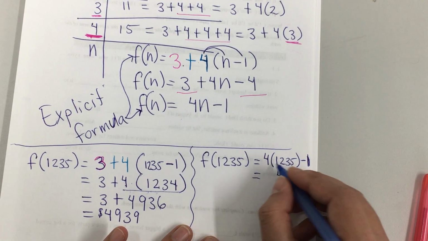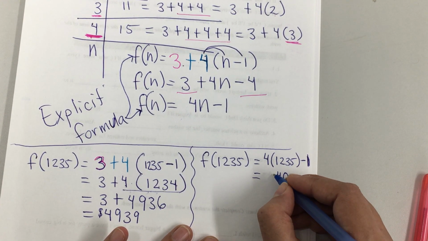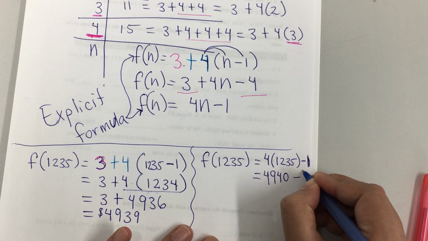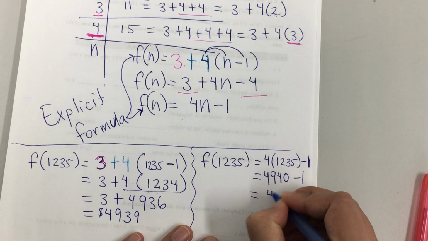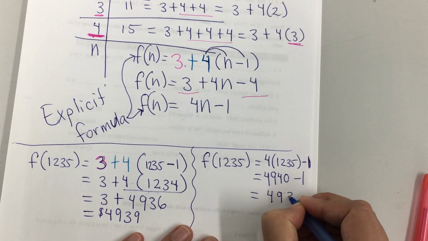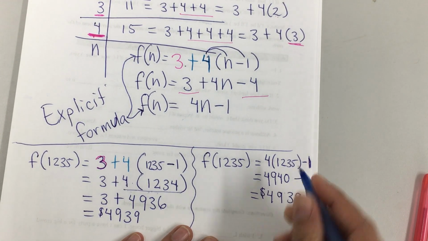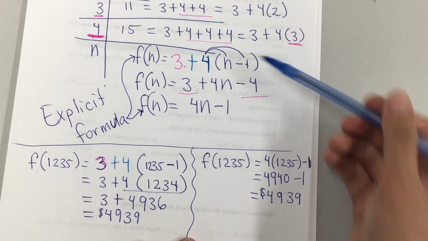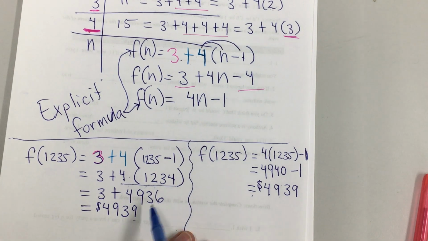Carry 1. 4 times 2 is 8, plus 1 is 9. 4 times 1 is 4, minus 1, that equals 4,939. So if you notice, whether you simplify the explicit formula or not, you will end up with the same result.